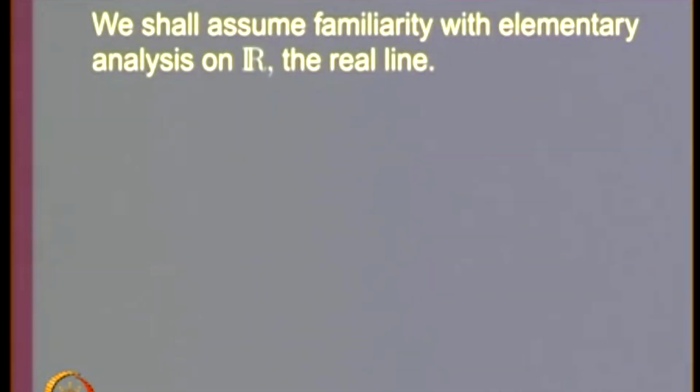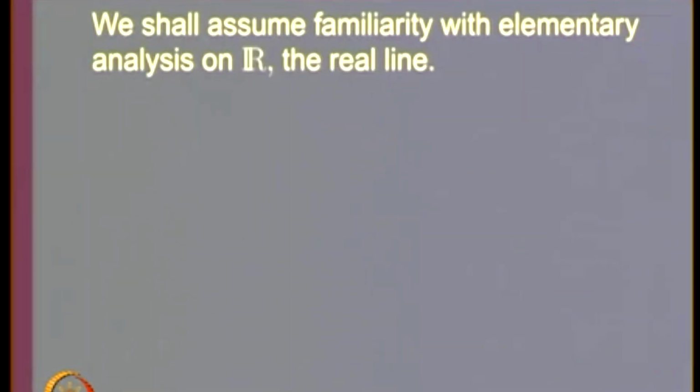So we will assume, to start with, some prerequisites for this course. We hope that you have gone through an elementary first course in real analysis, and you are familiar with the properties of the real line. For example, what is the real line, what are open intervals, closed intervals, what is the topology on the real line, what are the compact subsets of the real line.